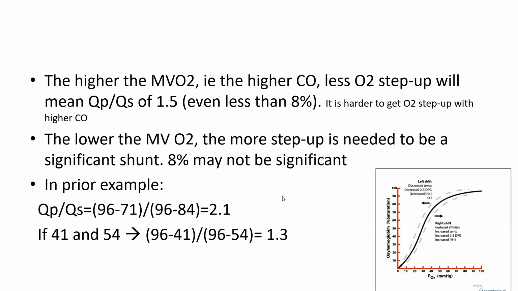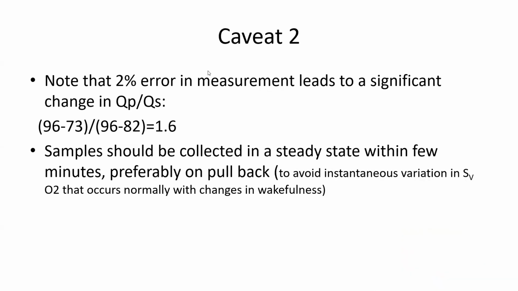If the patient wakes up in those couple of minutes, gets upset, anxious, has more pain, or is more awake, that can change the systemic O2 consumption. That will create an illusion of shunt if you're sampling two different chambers at two different times. So I like to sample the SVC and PA simultaneously.